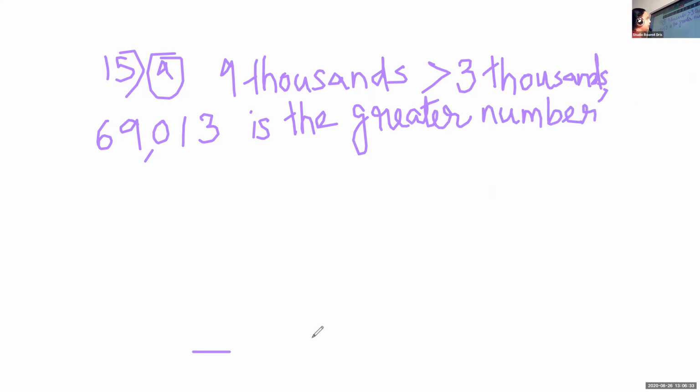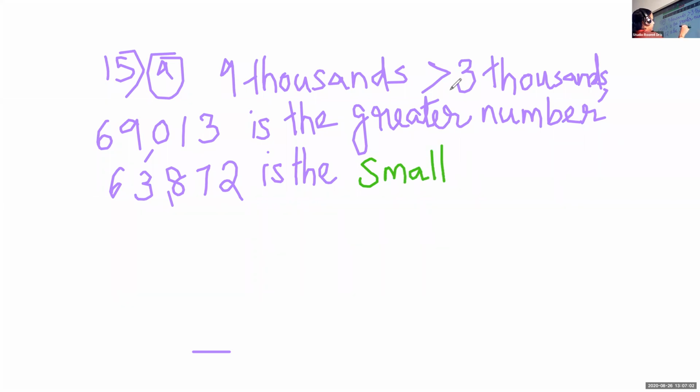Which is the other number? 63,872. 63,872 is the which number? Smaller number. Why here are we doing both greater and smaller? Because the question is to compare and find the greater and smaller number.